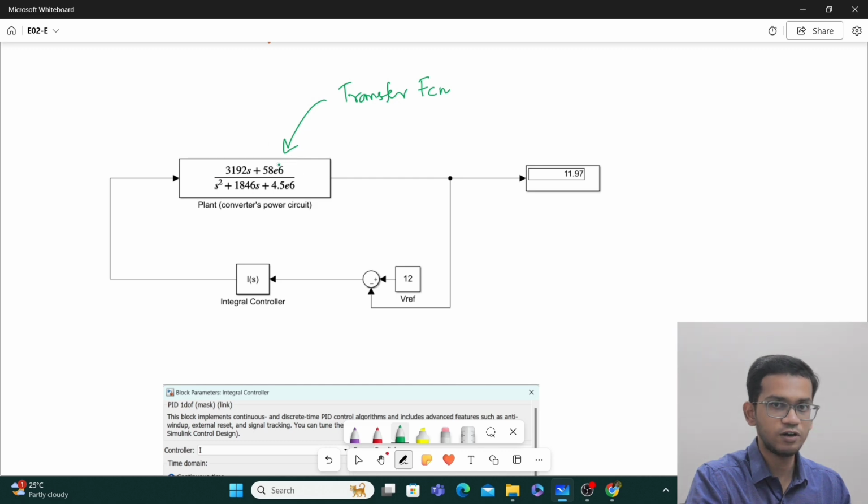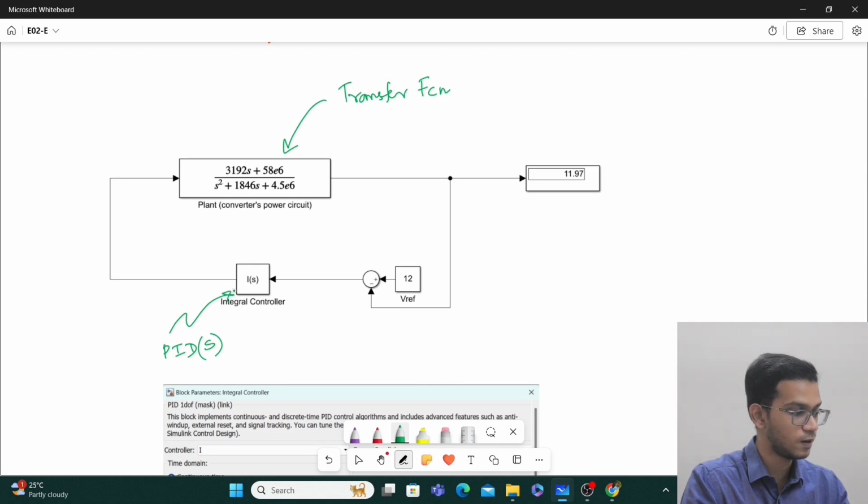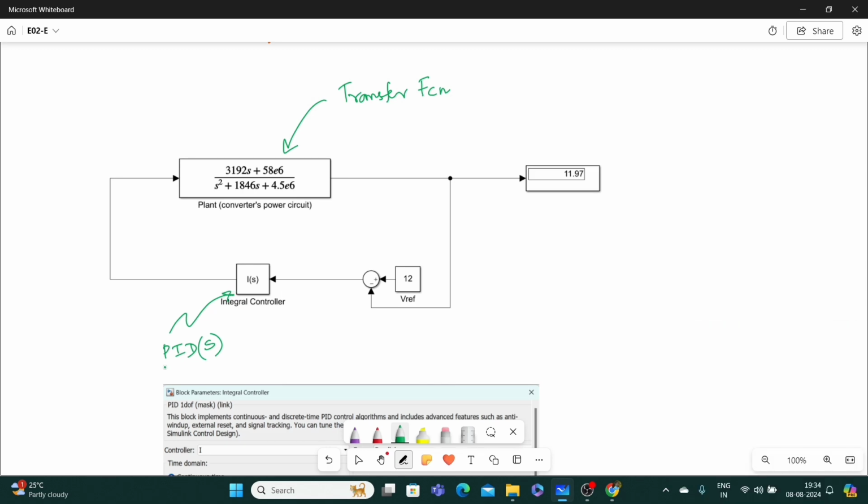You can enter this del V naught of S by del D of S transfer function there. And you could see this is the controller. This is the integral controller. The actual name of the block is PID of S. Here it is an integral controller because after tuning, I got to know that it is an integral controller. Anyway, I'll be explaining the process too, so please wait patiently. So the block name is PID of S, PID controller block.